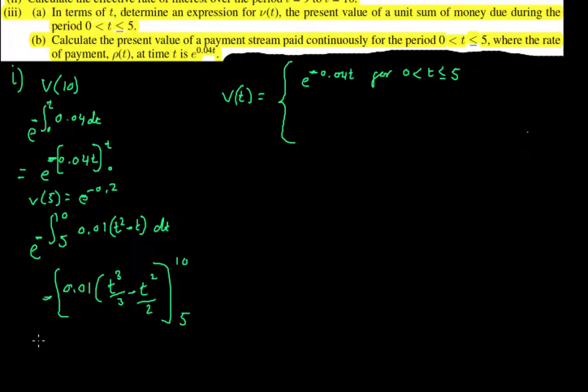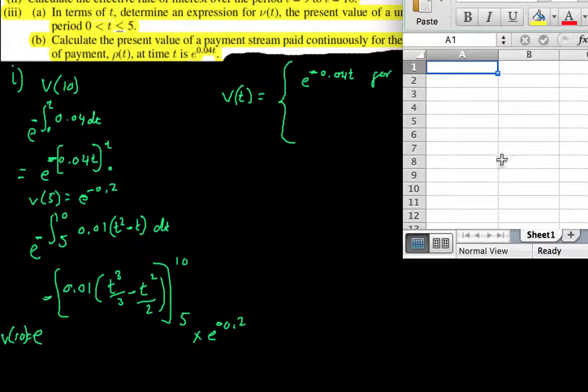So now, there's an e over there, so if we just sub in all of these values, the 10 and the 5 into there, and then we include this bit, e to the negative 0.2, we'll then be able to find out what v10 is. So in fact, to simplify a few things, v of 10 equals that multiplied by e to the negative 0.2. And now let's try and get Excel out to help us on that.